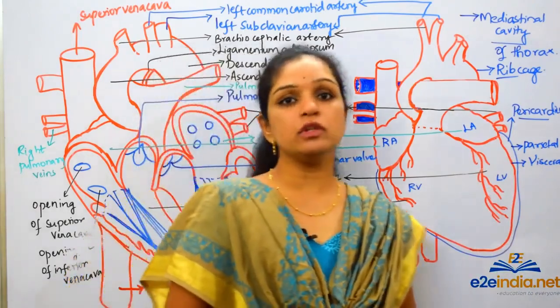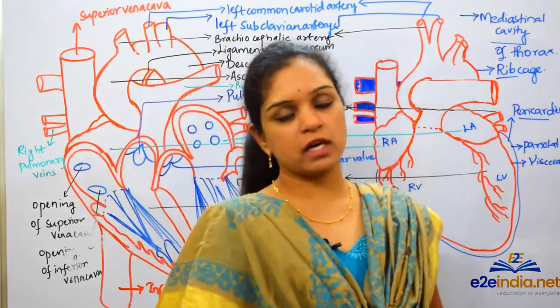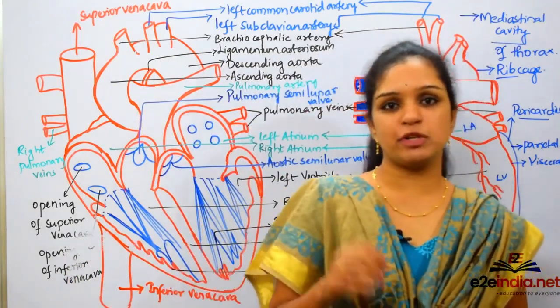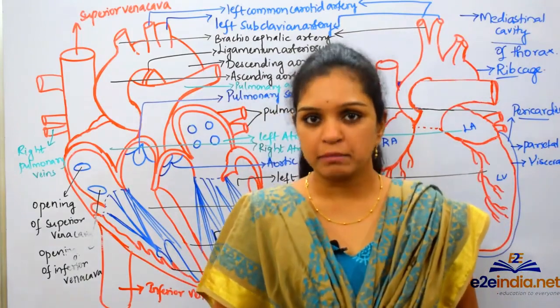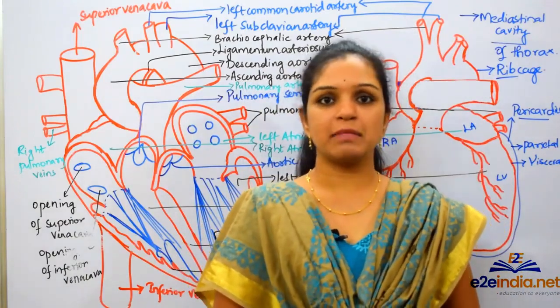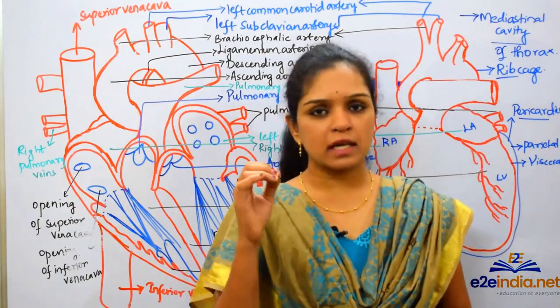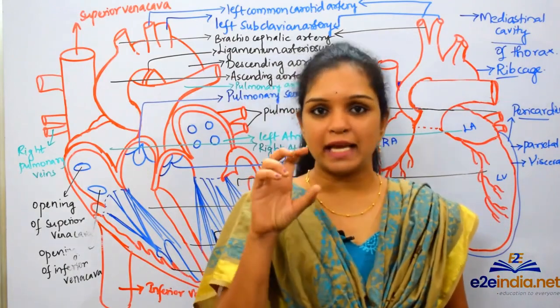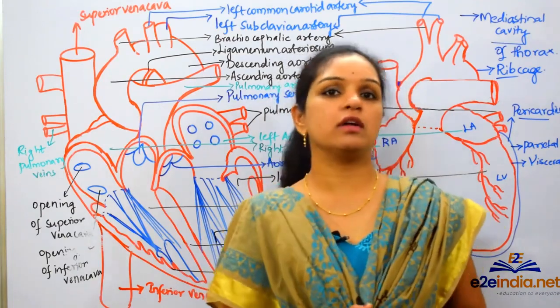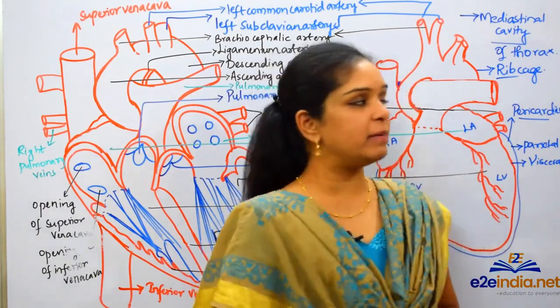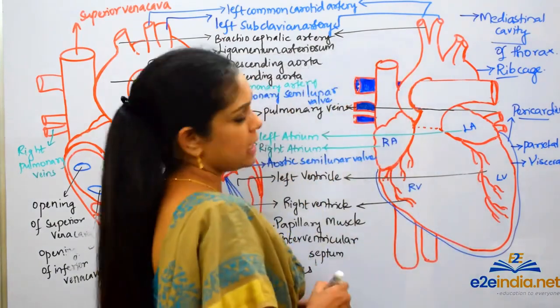When it comes to the muscular part of the heart, it is composed of a specialized muscular tissue called cardiac muscle, and this cardiac muscle consists of a slightly excitatory patch present on the upper right corner of the right atrium, which we will be discussing in our further sessions.